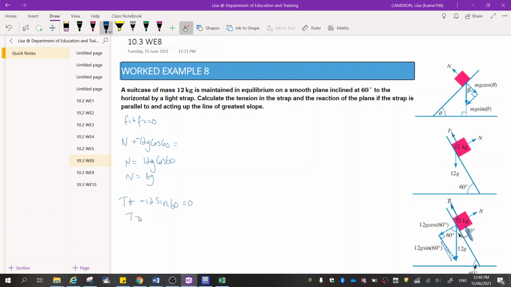So now I've got that T equals 12G sine 60, and I'll simplify this further by changing sine 60 to its exact value of root 3 on 2. Cancel them. That leaves me with 6G root 3. So that means our normal reaction force is 6 lots of gravity, and our tension on the strap is 6G root 3 newtons.